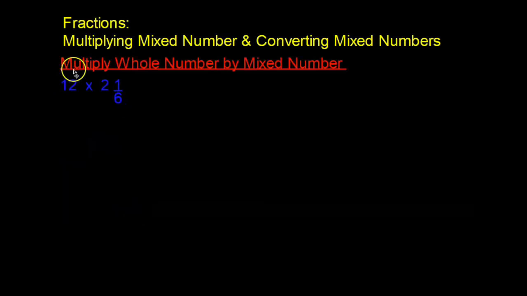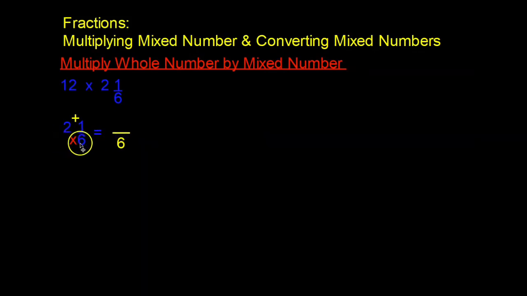In this example, we will multiply a whole number by a mixed number: 12 times 2 and 1/6. We need to focus on the 2 and 1/6, and change it to a fraction greater than 1. We're going to keep the denominator the same, 6.